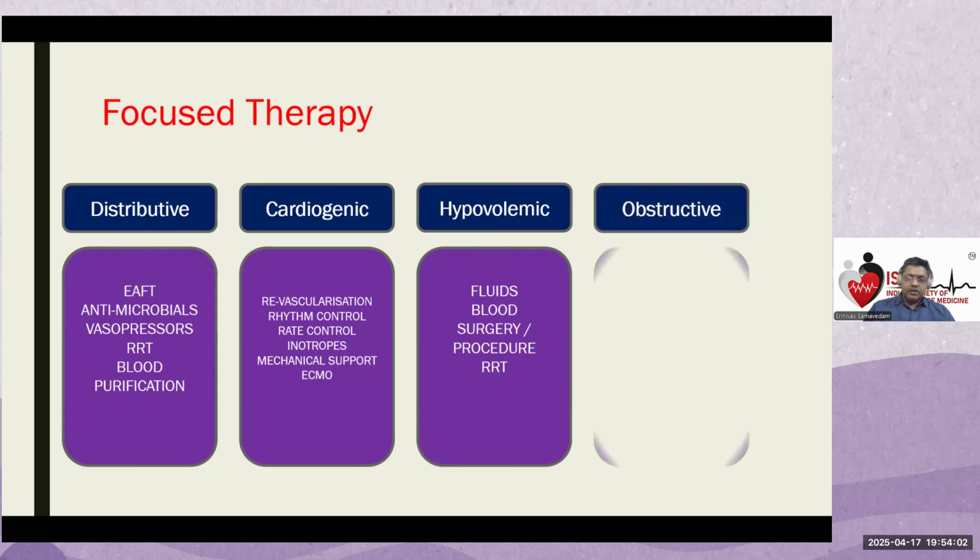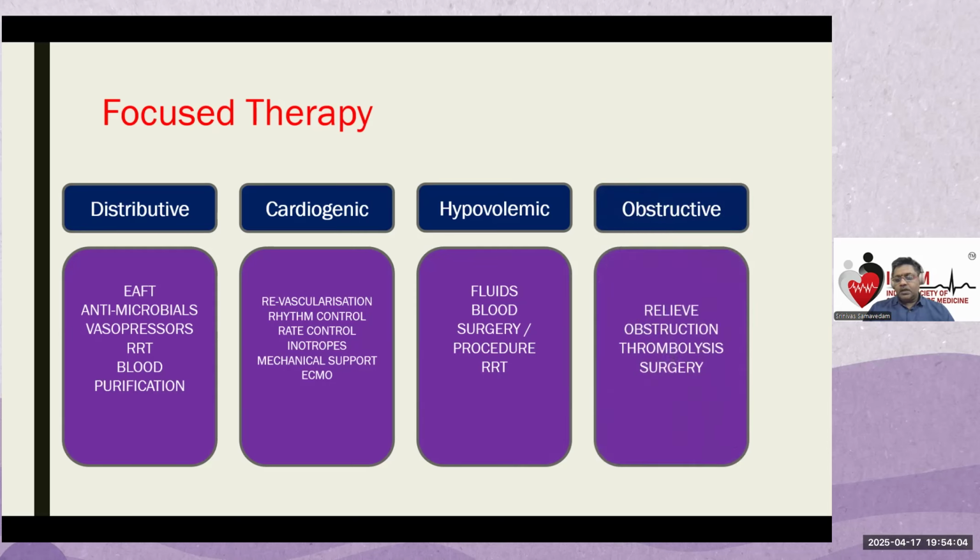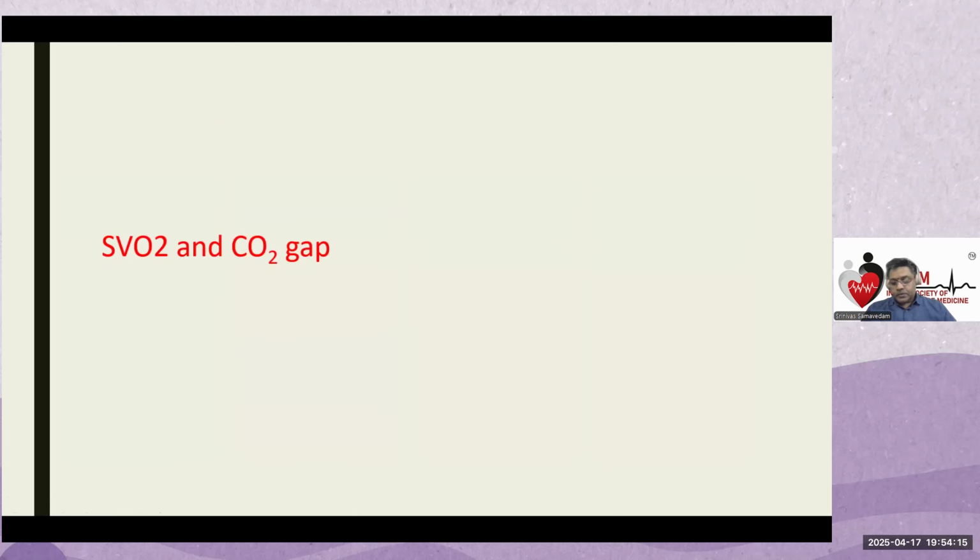Obstructive shock, intervention early. So you relieve the obstruction, you thrombolize these patients, and you offer surgery if your conservative therapy is not successful. So that is about the hardcore clinical approach to patients with different types of shock.